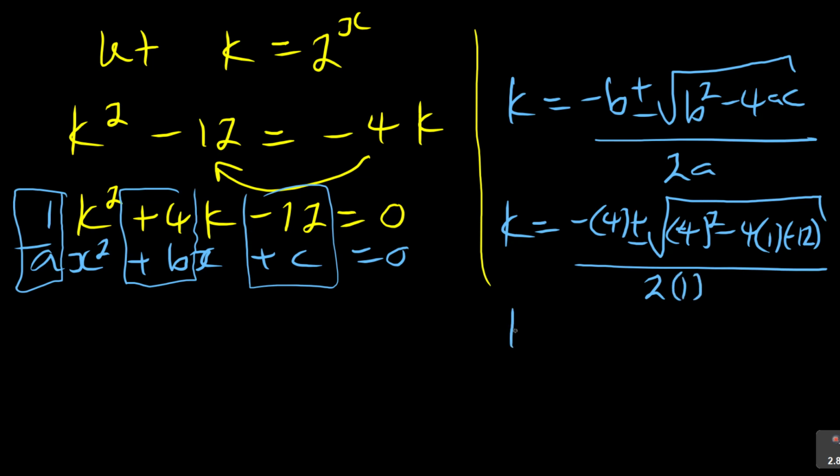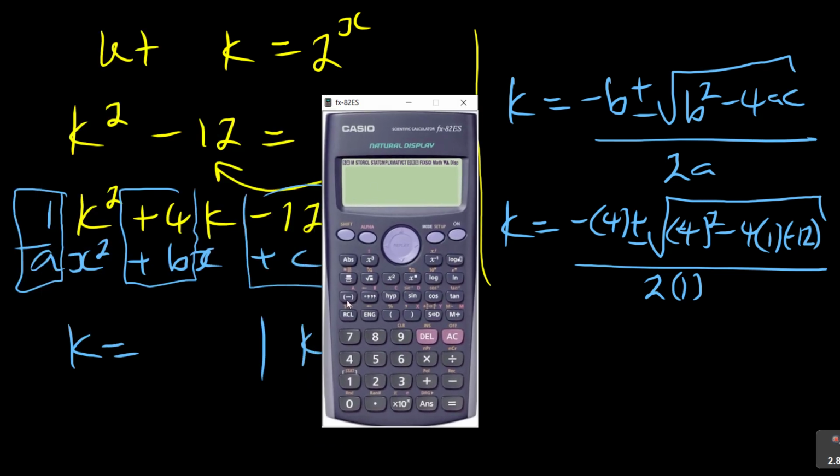See that? So it will give us two values of K. K is equal to that, or K is equal to what? The calculator will give us the solution there. So let's start here and say minus bracket 4 plus square root of 4 squared minus 4, a is 1, c is negative 12, all over 1.